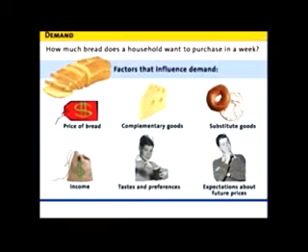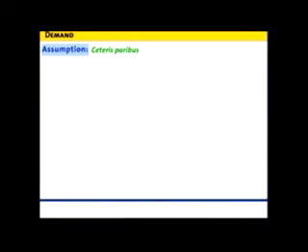This holding constant is accomplished by an assumption that economists call ceteris paribus, from the Latin phrase that means everything else held the same. So, if we want to know how a change in the price of bread influences the behavior of a household, we've got to say, ceteris paribus, all of the other factors that might influence the quantity demanded.